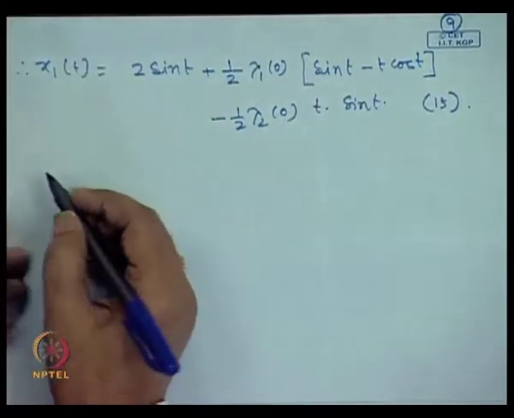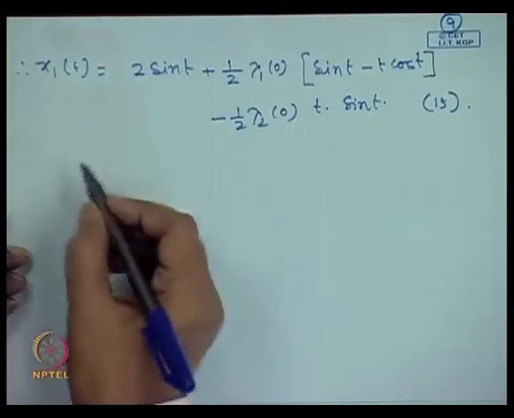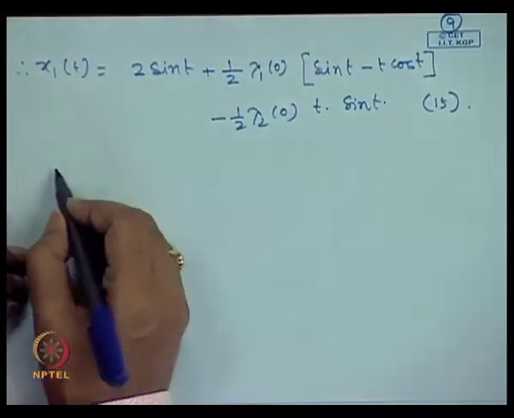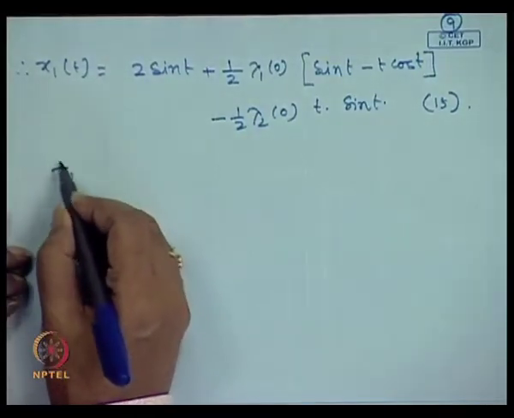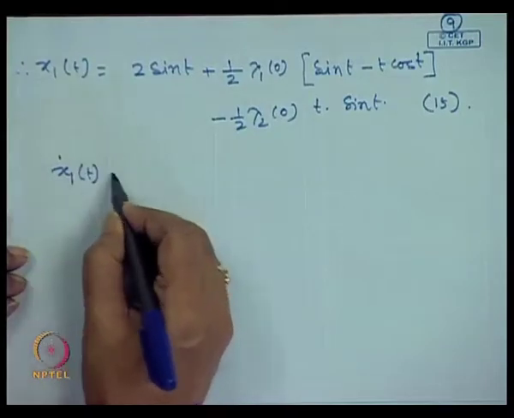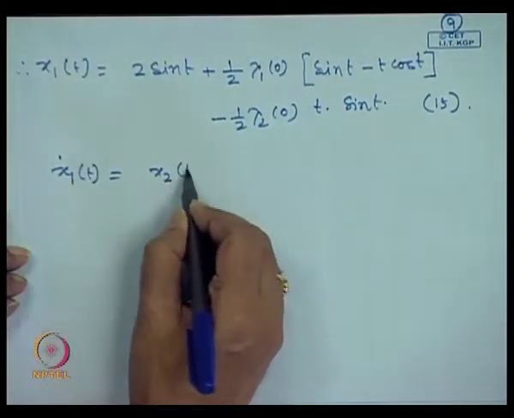Still, lambda 1 of 0 and lambda 2 of 0 are unknown to us. Another thing: this is our x1 of t, and we know from the dynamic equation of the system, equation number 1, that x1 dot of t is equal to x2 of t.